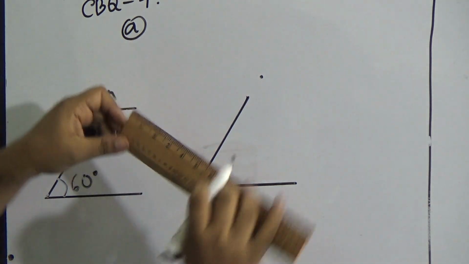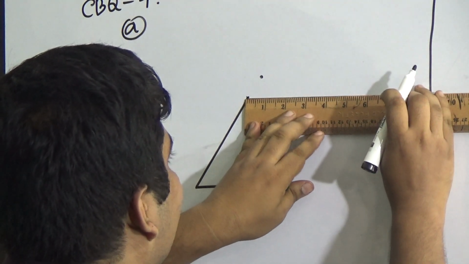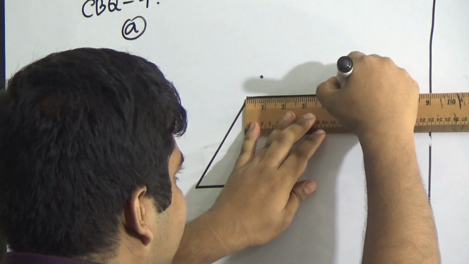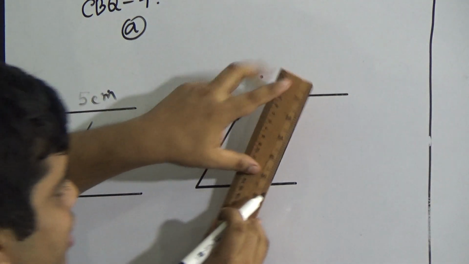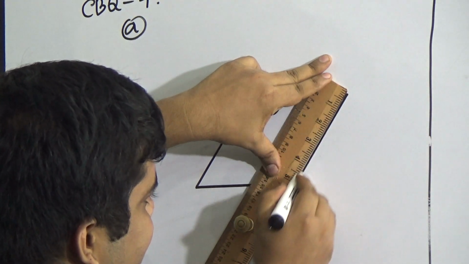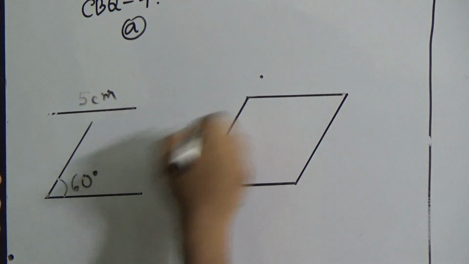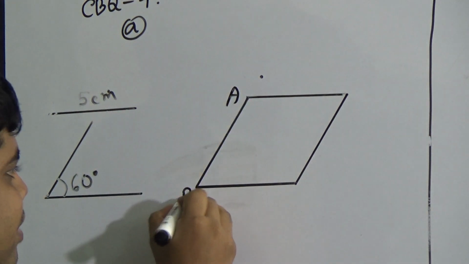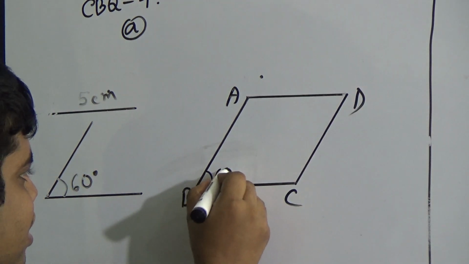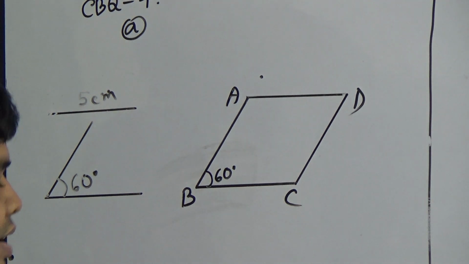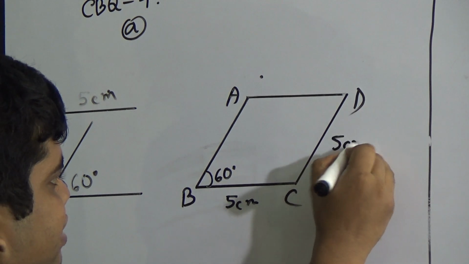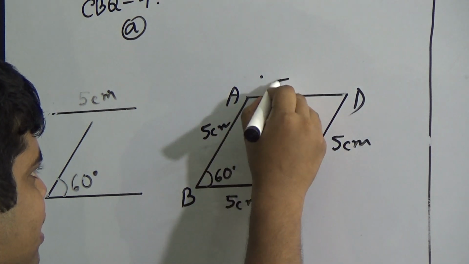Then on the above line I draw a 5 centimeter line, because we know that in a rhombus all sides are equal. Then we join that point and that point. This is the required rhombus, and here I write the names A, B, C and D. So this is 60 degree and this angle must be 60 degree, and each side is 5 centimeter.